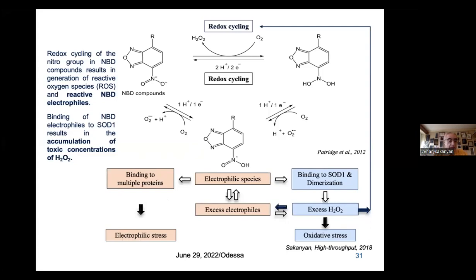Here we can see that the compound goes back and again binds to the precursor and provokes the formation of the cycling. So it means that an excess of hydrogen peroxide is responsible for the formation of this redox cycling.